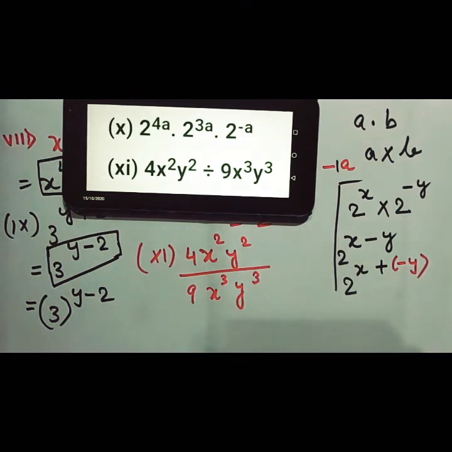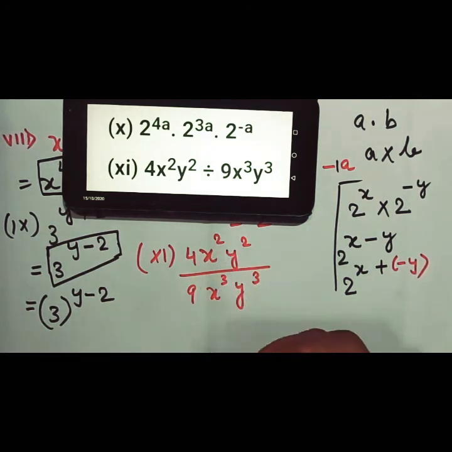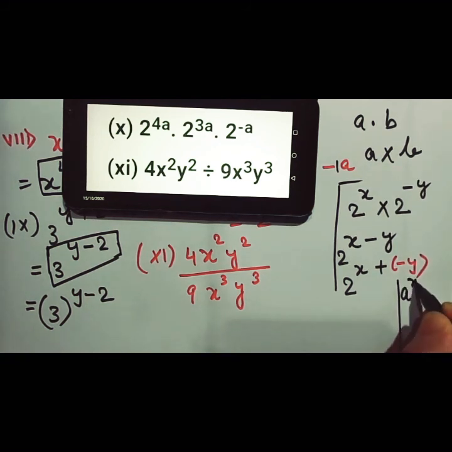Now, here in division, since x square and x cube are in division form, we shall write as follows. Remember that when you are given a to the power x divided by a to the power y, we write this as a to the power x minus y.